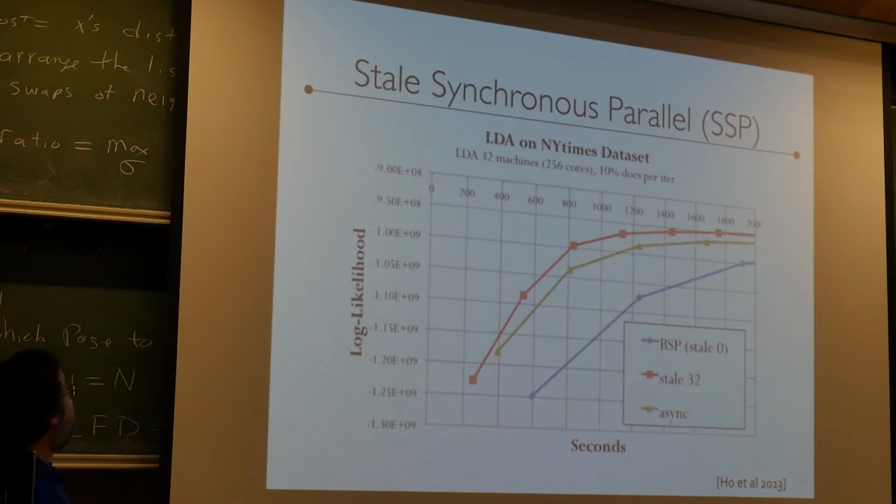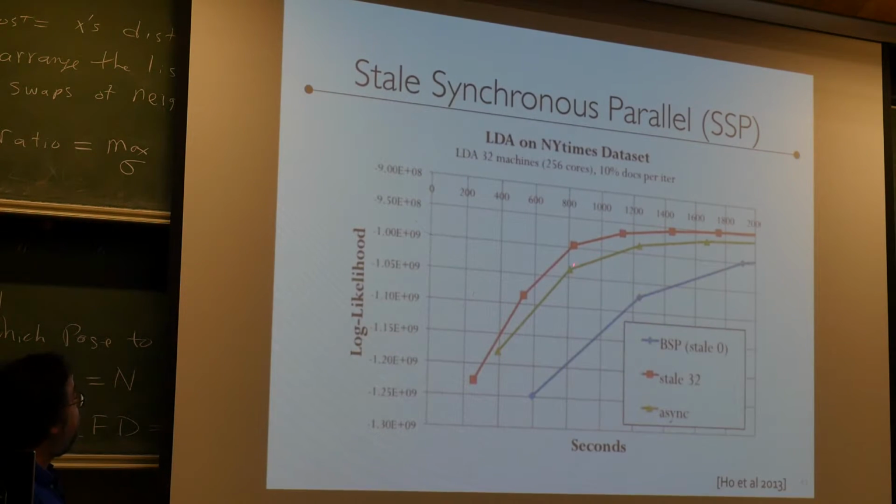So how quickly do you get to a good model? Here the differences aren't quite as dramatic. This is still the 0, or bulk synchronous, so it's fully synchronous. And you converge. That's fine. And this is wall clock time. The asynchronous version actually converges faster for this LDA problem.